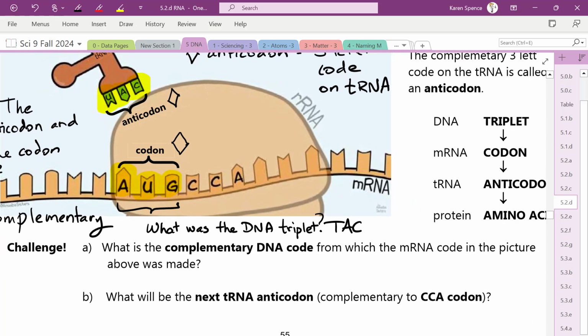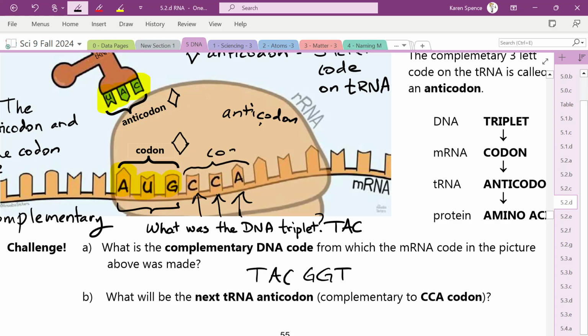So if we had this whole thing, we would have AUGCCA. The DNA code would have been TAC and then GGT. What would be the next anticodon for this codon? It would be GGU. Yep, very nice.